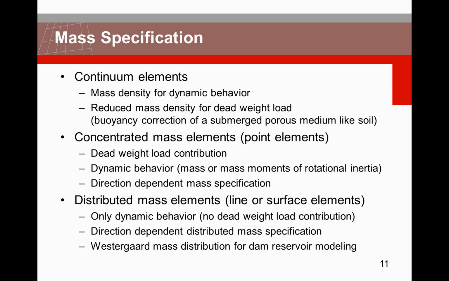You can think about furniture or equipment or machinery, and you're not really interested in the details of these elements that are placed on your reinforced concrete building, but the mass that is there is of course very important for the dynamic behavior, so you need to take that into account, and you can just place it on your structural elements, on your continuum elements, by adding some distributed mass elements. These will only be used in the dynamic behavior, so there is no dead weight contribution from these elements.